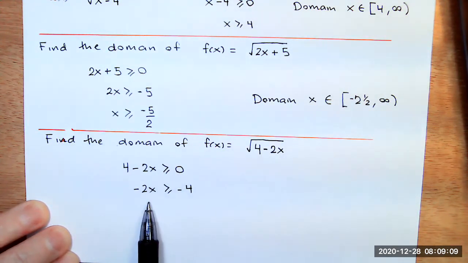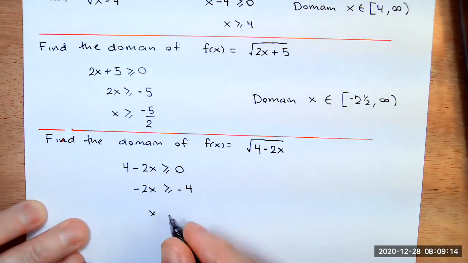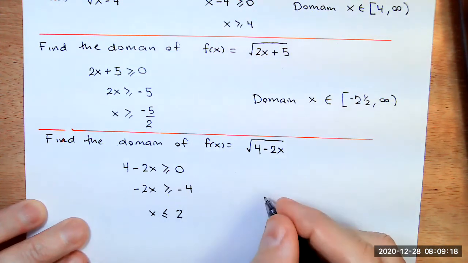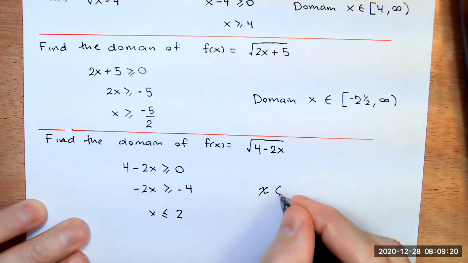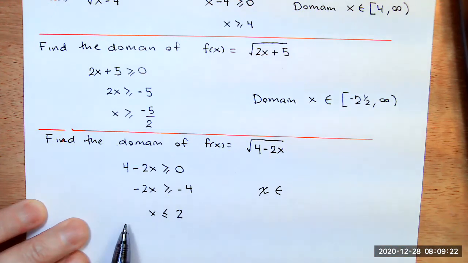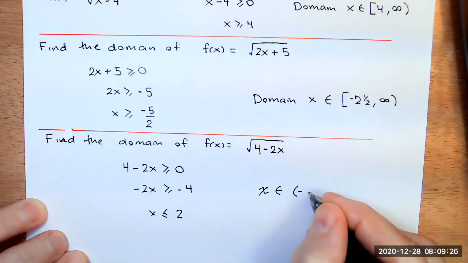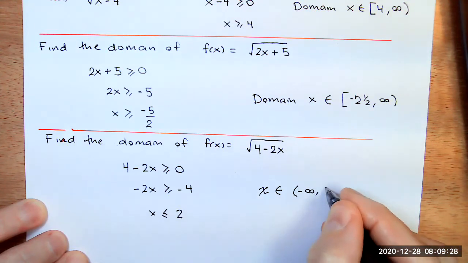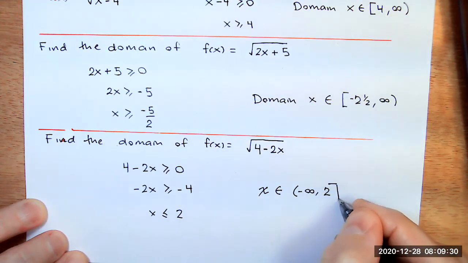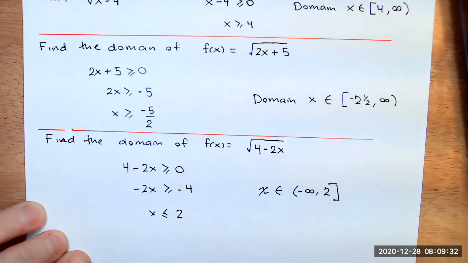Remember, when you multiply or divide both sides by a negative, you change the sign of the inequality. So this set goes from negative infinity up to 2 and includes the 2.